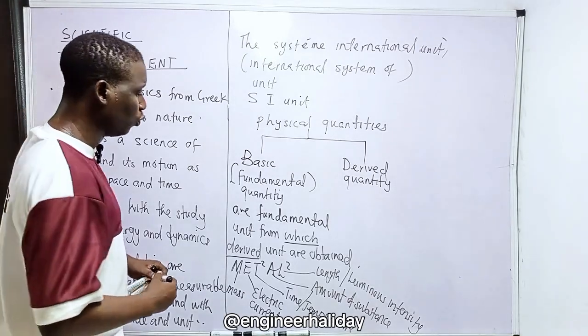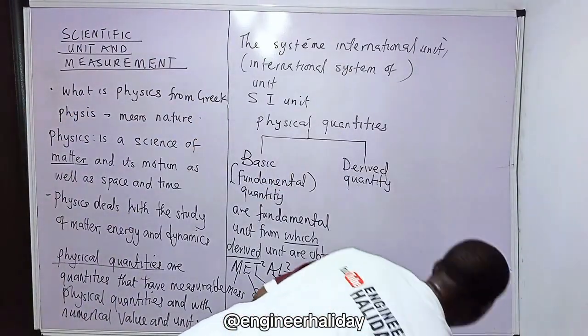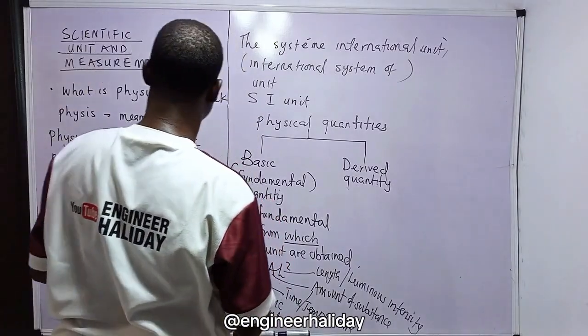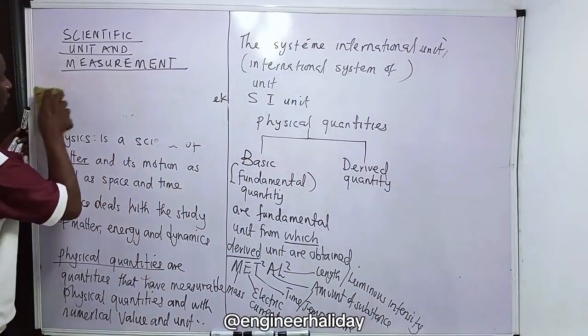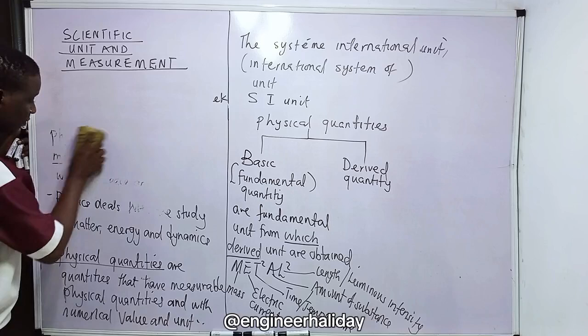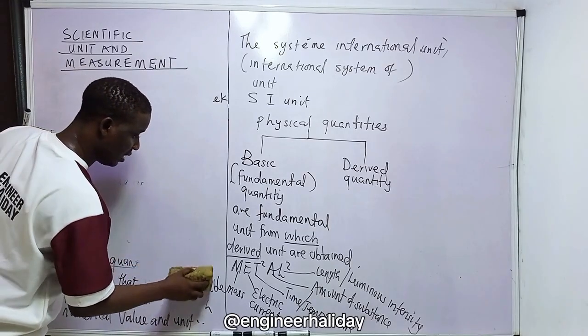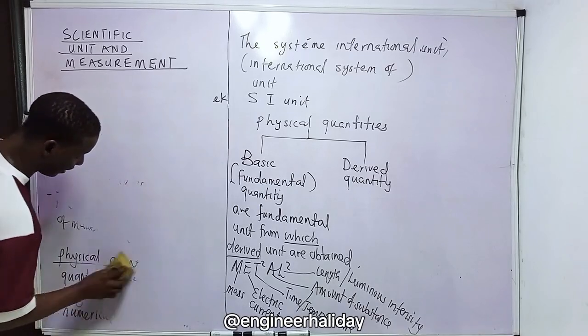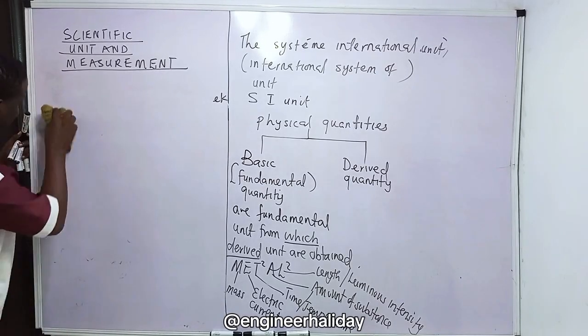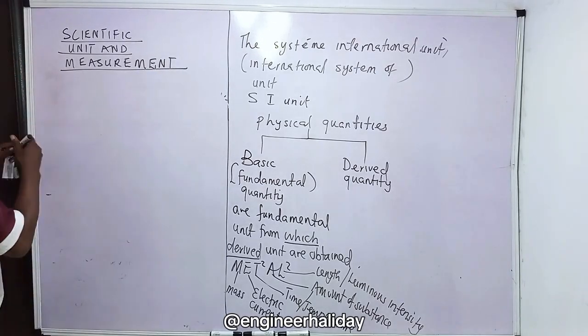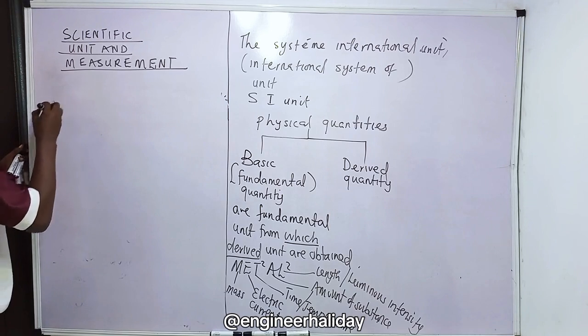Now, before I stop, I want to first of all put them in a tabular form. Let us see them in a tabular form. Let us see the quantity itself, the unit, and the symbol. Let's have it like that. Let's take mass, for example.